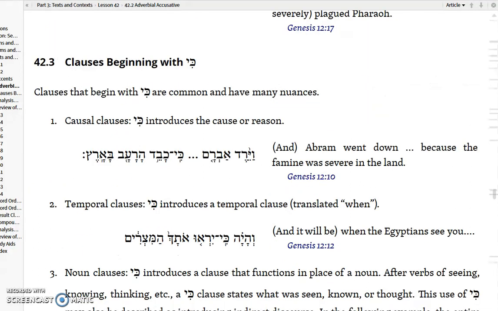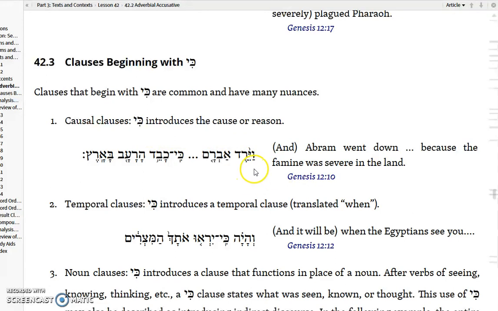I'll move on to section 42.3, clauses beginning with ki. Clauses that begin with ki are common, but there are many different nuances of ki depending on exactly what the context is. So you have causal clauses where ki introduces a cause or a reason.